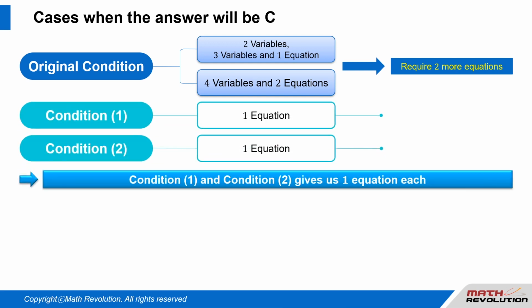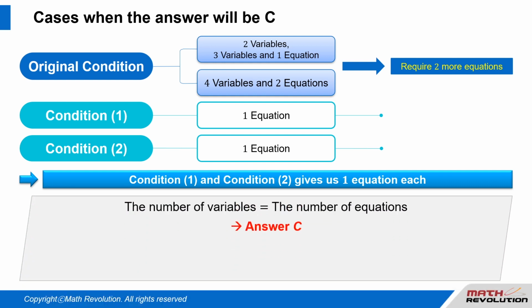Since we need 2 equations to match the numbers of variables and equations in the original condition, which we will get from condition 1 and 2, the resulting equal number of equations and variables should logically give us an answer C. If you are absolutely sure that neither condition 1 nor condition 2 work, choose E. The answer is C because 2 more equations are required.